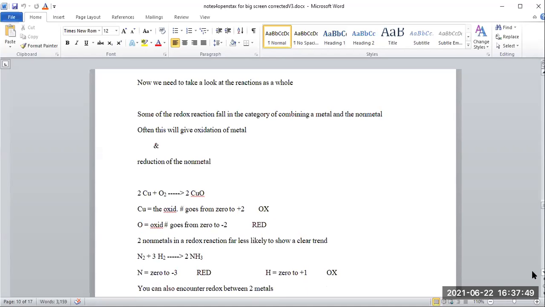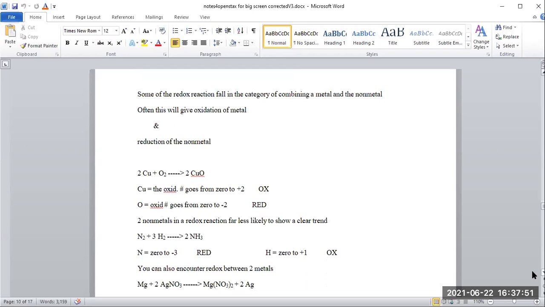All right, so look at your reaction here. We've got 2 coppers, an oxygen, and 2 copper oxides. I'm going to flip over to the whiteboard so I can show you a little bit more detail in terms of what I'm doing in my labeling.